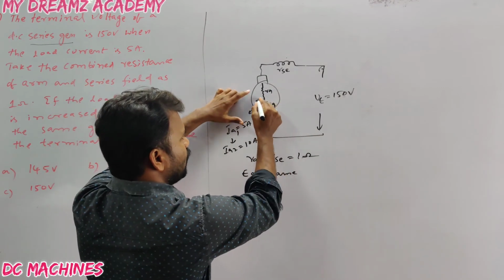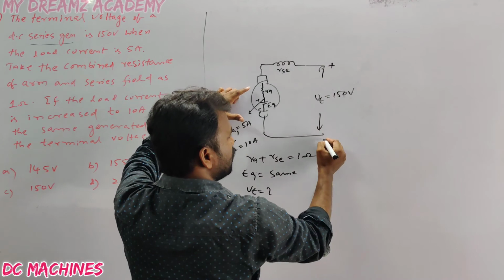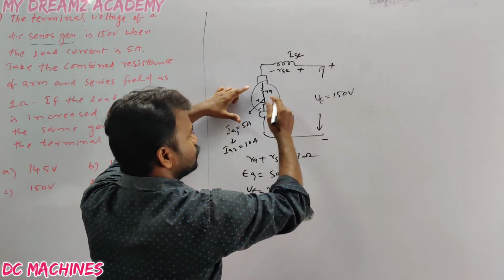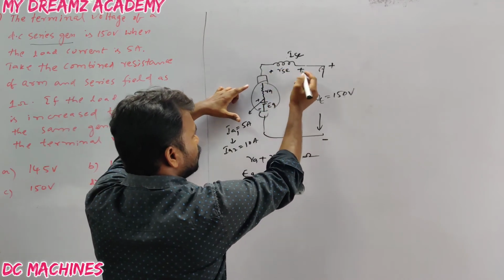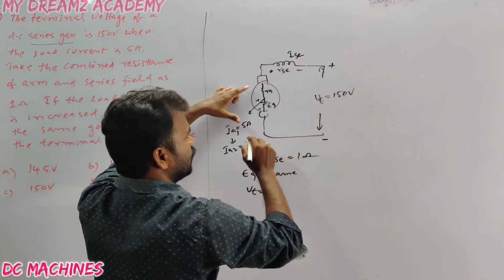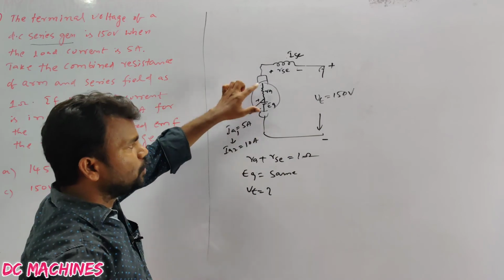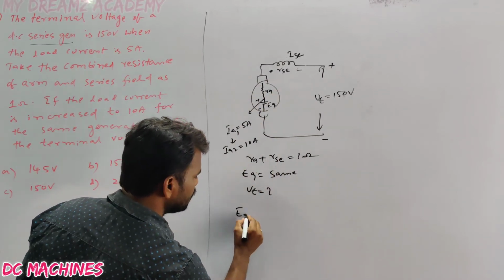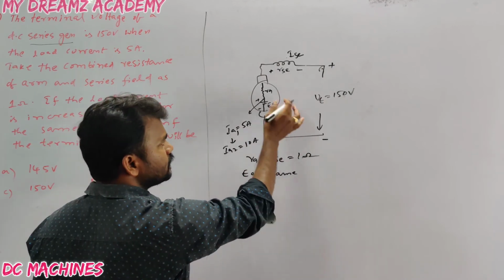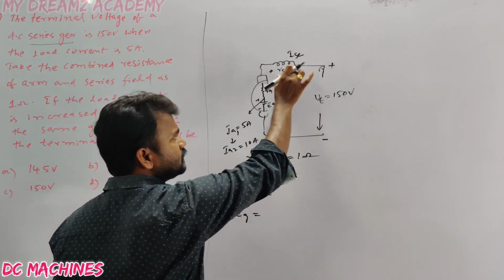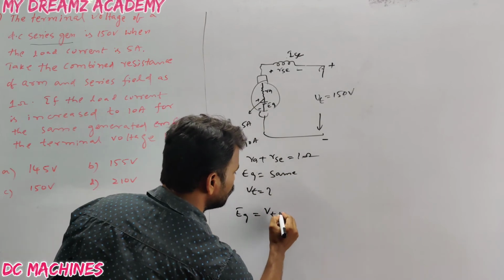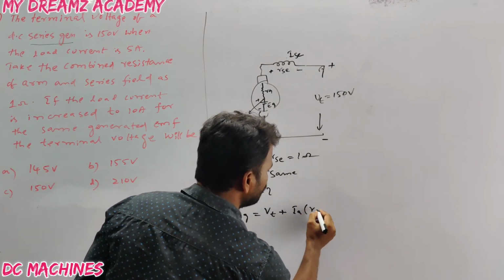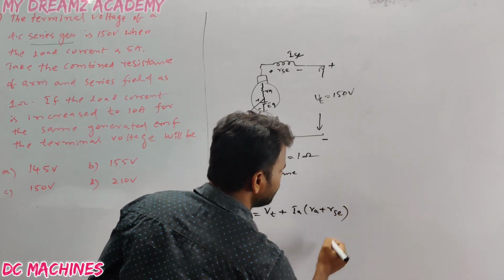This is the positive and negative terminal, and current flows from positive to negative. So for the DC series generator, Eg is equal to this voltage plus this drop: Eg is equal to Vt plus Ia into (Ra plus Rse).